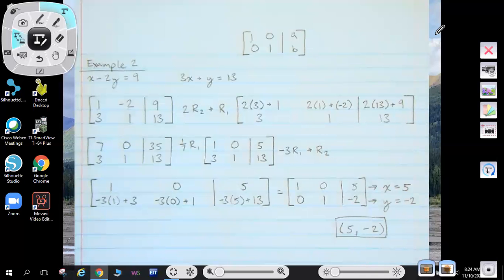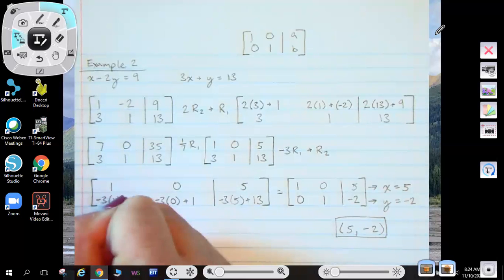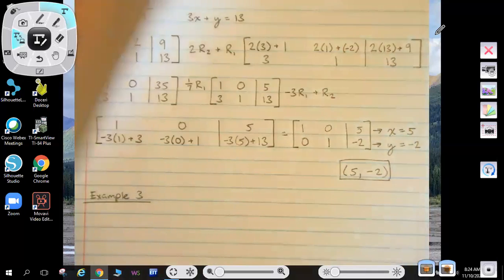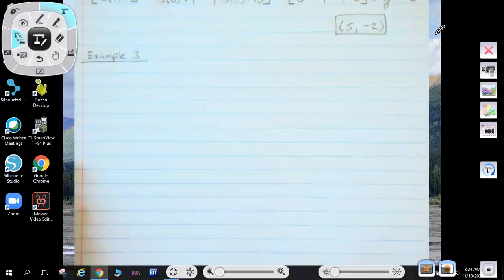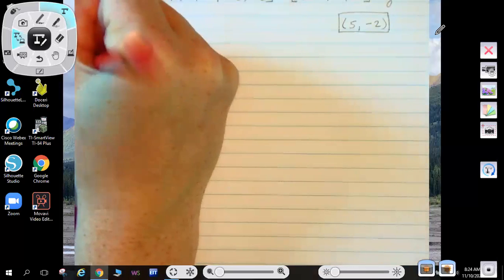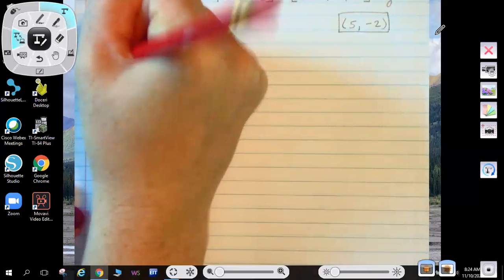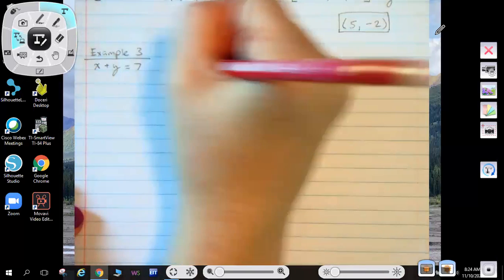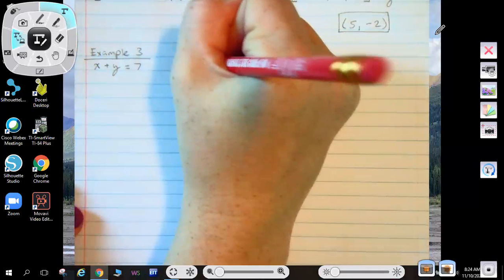Okay, we're going to look at one more example. Okay, this is example 3. Our system of equations is x plus y equals 7 and x plus 2y equals 11.